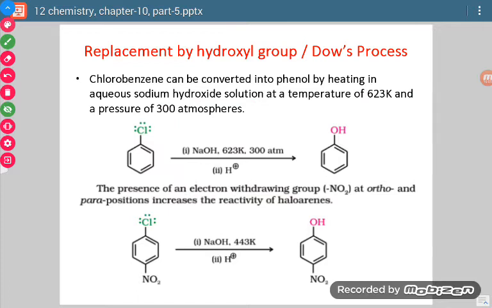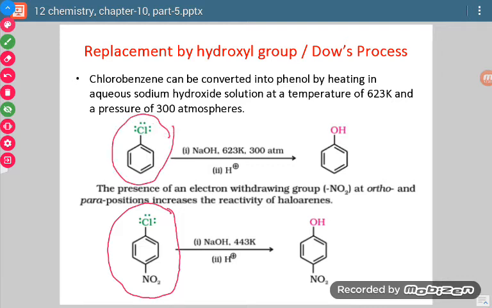Why? Because this group withdraws electrons towards itself, and because of this tendency, the attachment of OH becomes easier. So if I take para nitrochlorobenzene, it will be more reactive as compared to chlorobenzene.